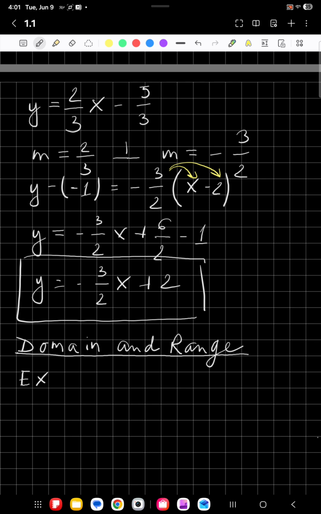Example 3, I hope it's right. So find domain and range, given an equation.